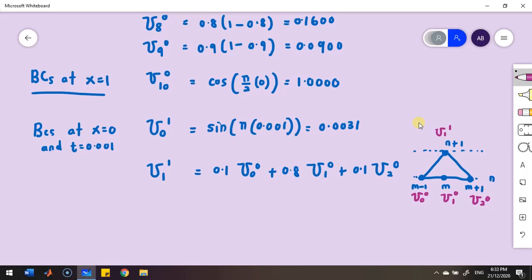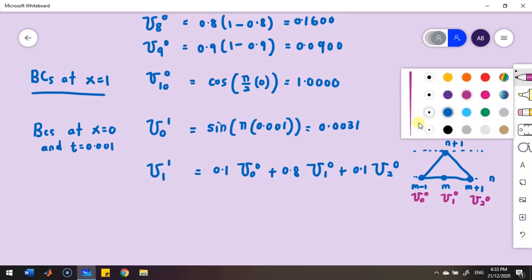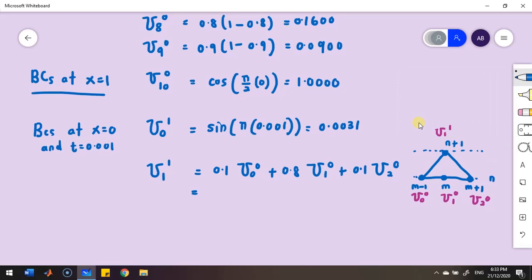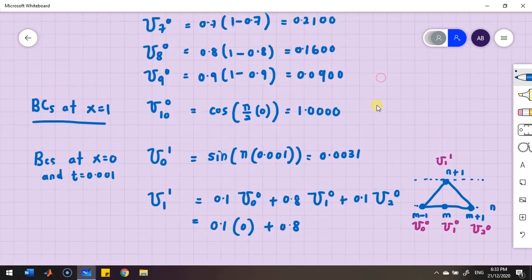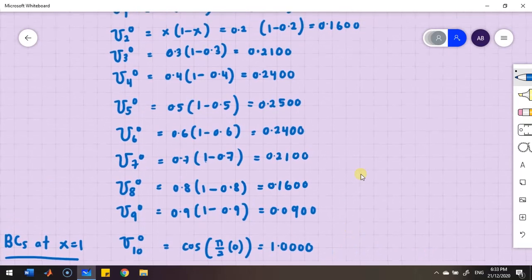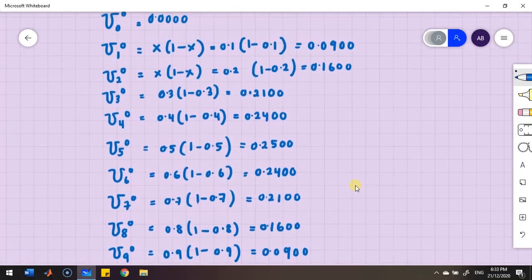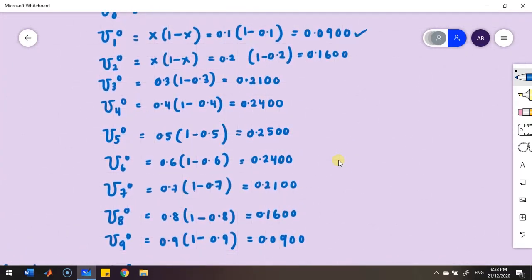If you get that correct, now all you have to do is put in all the values you have obtained earlier on. u10 is 0.09, and u20 is 0.16.